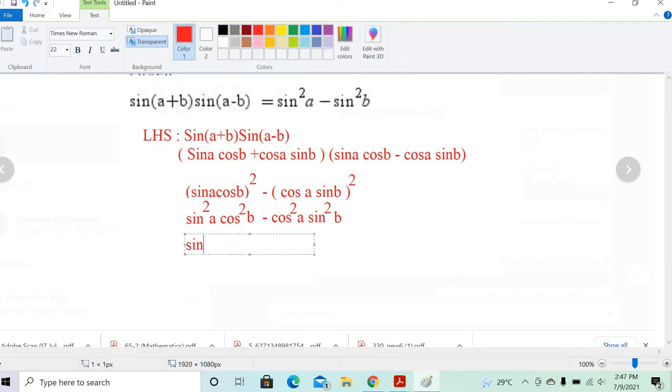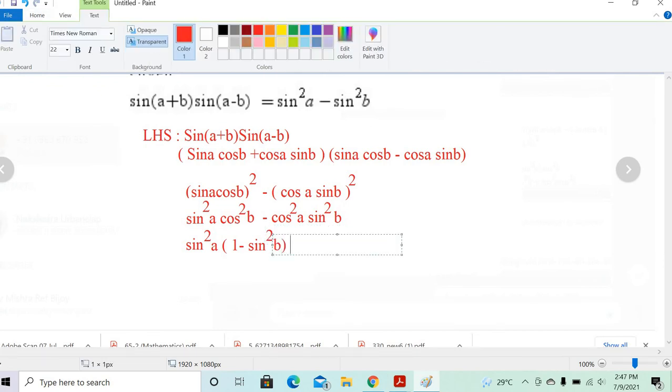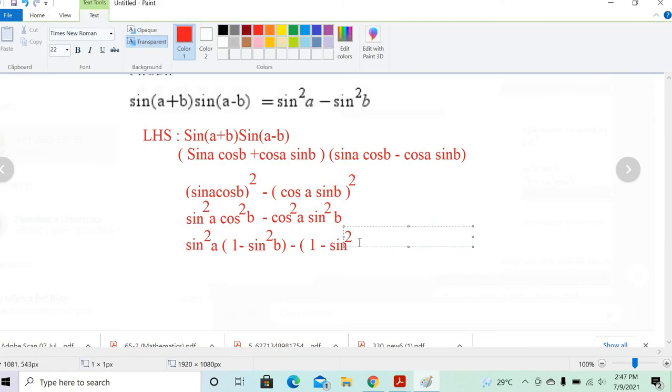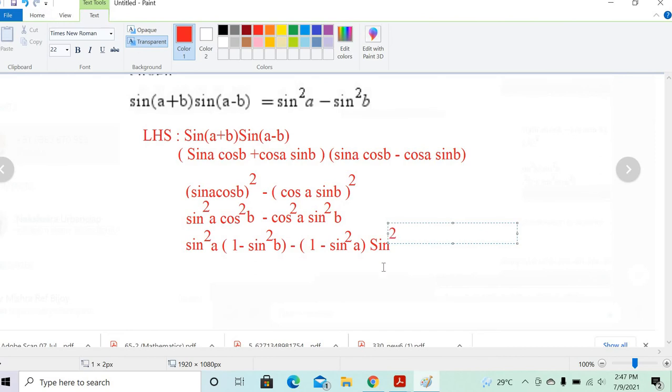This can be written as sin square a multiplied by (1 minus sin square b), minus this cos square a, which we can write as (1 minus sin square a) into sin square b, correct?